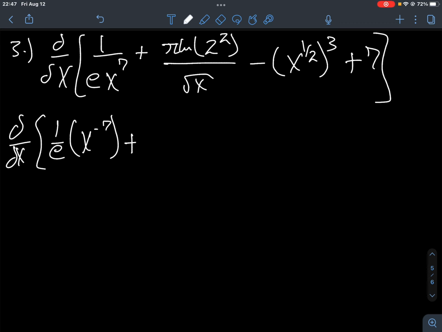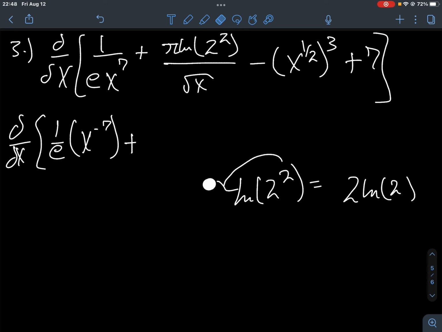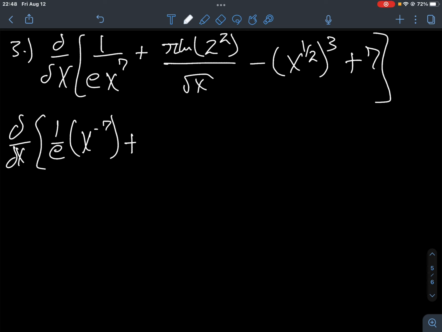Plus, now we just take out our constant, and by way of log rules, this can be rewritten as 2 natural log of 2. So we'll go ahead and write that like that, 2 natural log of 2. So we're going to get 2 pi ln of 2 times, now that's x to the 1/2 power. Same thing. So that's 1 over x to the 1/2 power. So if we write that on top, we're going to get x to the minus 1/2 power.